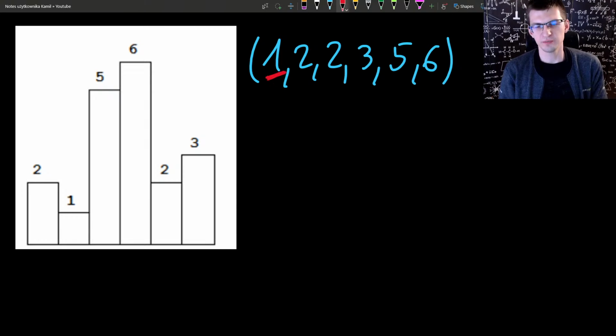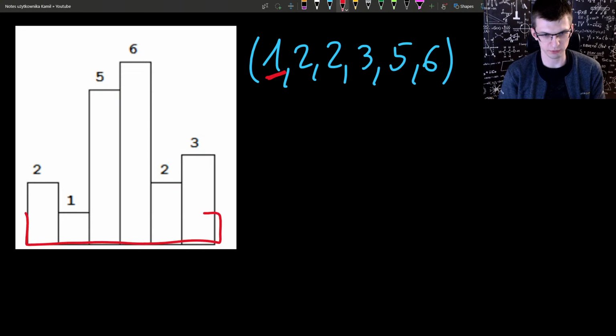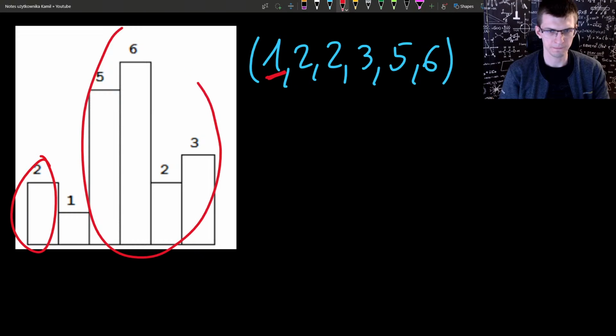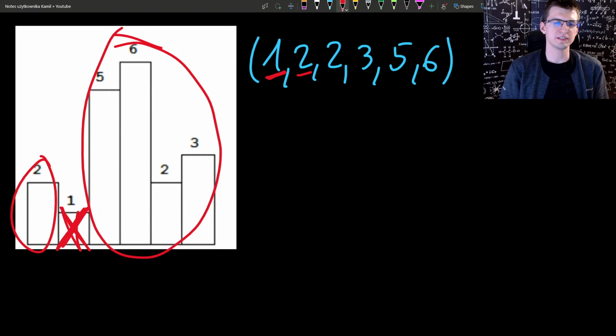I look at the first minimum, which is the first number in this sorted sequence. I consider that as the height of a rectangle. Then I will have this rectangle. Then I have those two smaller parts, and this is already kind of blocked. When I consider the next minimum, let's say that a tie was resolved in such a way that this is the next minimum, this 2 on the right.